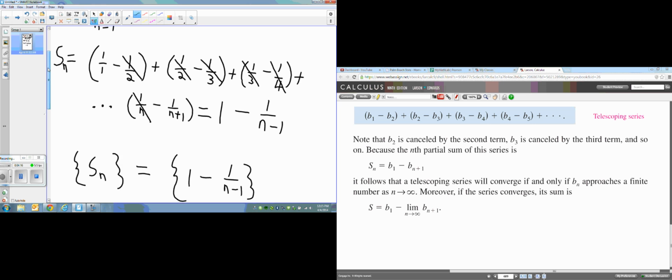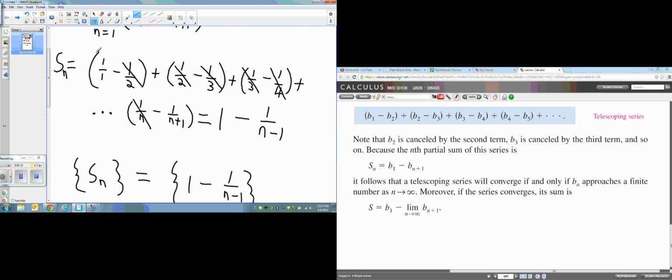This would have been B1, this would have been B2, and then here we had B2 again, and B3 would be this, and here would have B3, and this would be B4, and all the way down here, this one would be Bn, and this would be Bn plus 1.